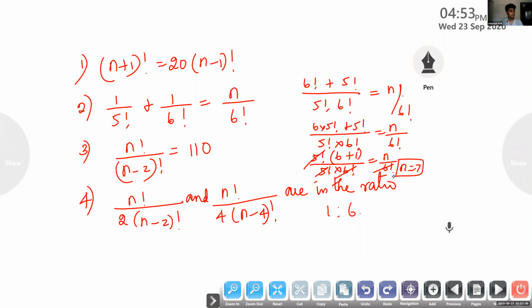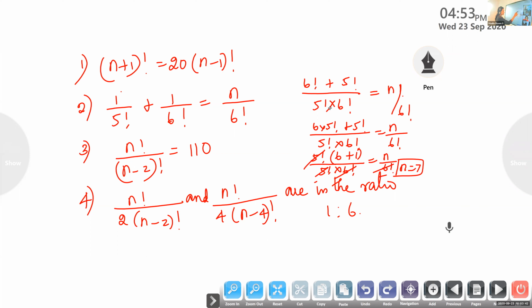See, what she did is, just how we will add two fractions, that same principle she used. Just cross multiply: 6 factorial plus 5 factorial by 5 factorial into 6 factorial is n by 6 factorial. Is the first step okay, Achyut? Yes. Then the numerator, the bigger one, she is expressing in terms of smaller one. 6 factorial we can write as 6 into 5 factorial plus 5 factorial as such.